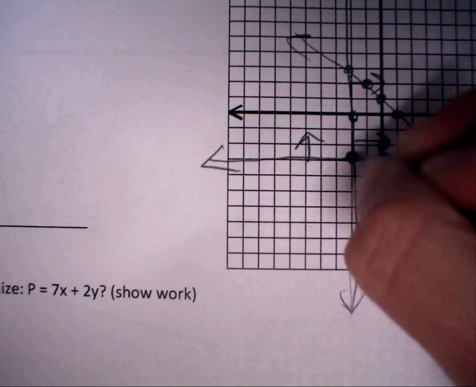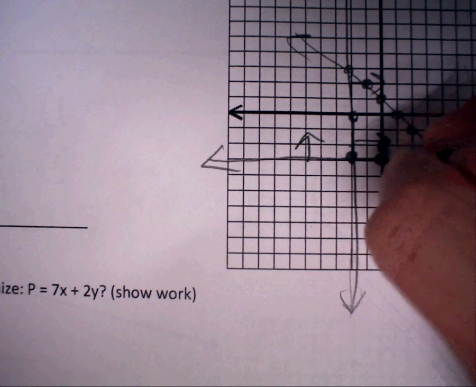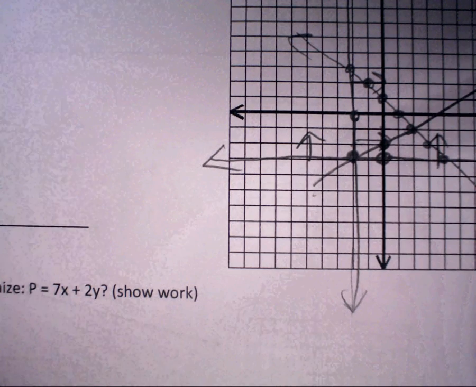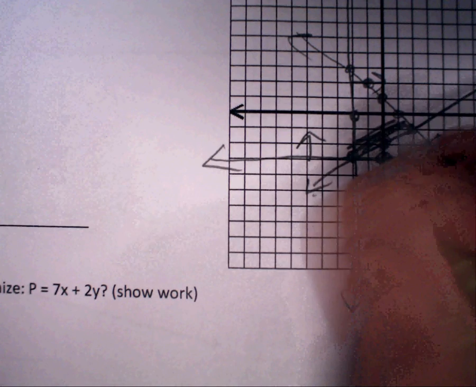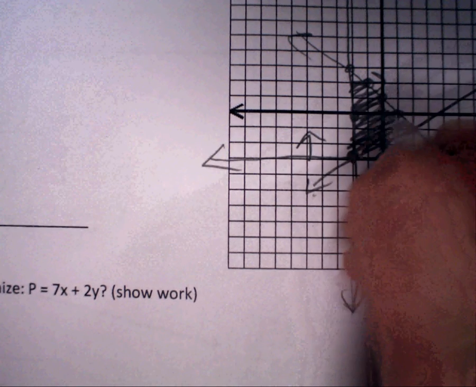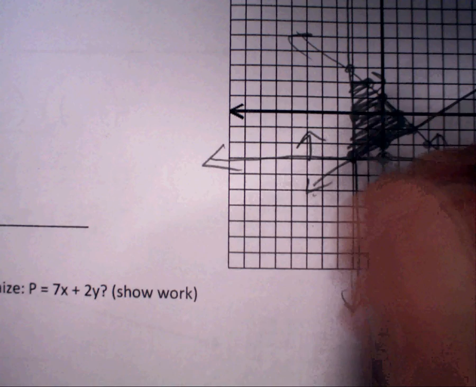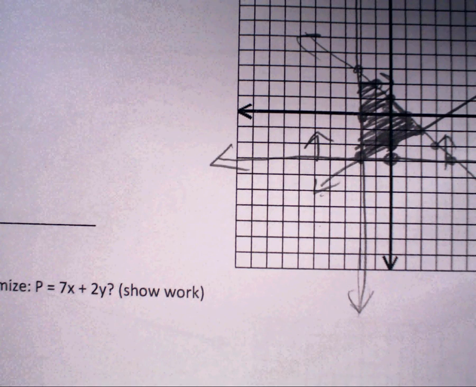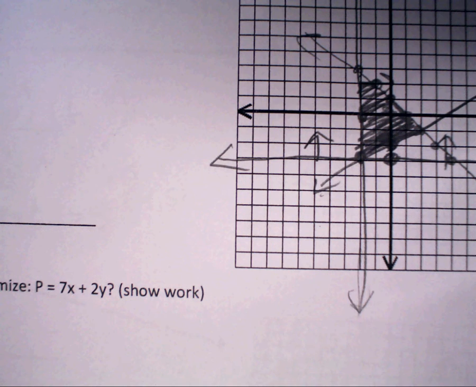So then on the last one, I start at negative 2, and I have a 1/2 slope. So I go over 2 down 1, or up 1 over 2. And I'm shading above, and so what happens is those would be your corners.